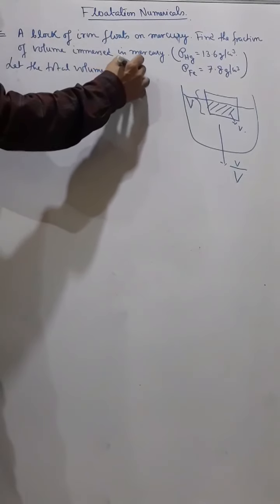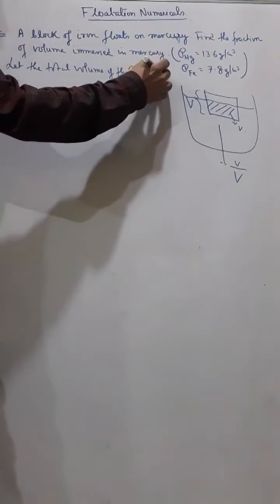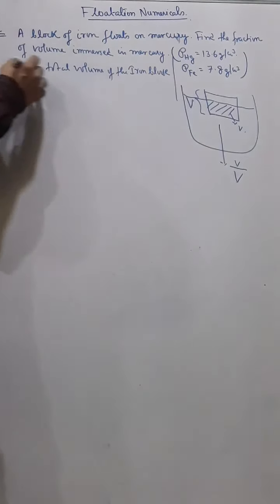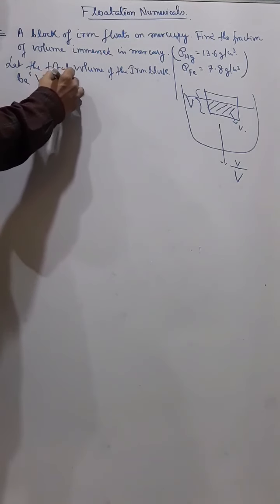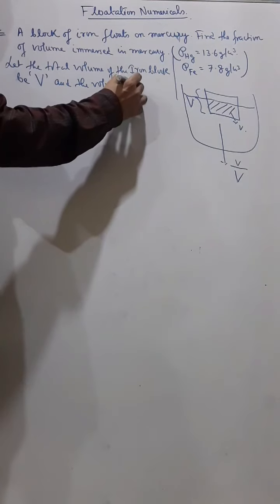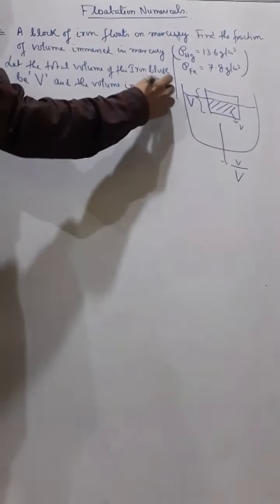So let the total volume of the iron block be capital V and the volume immersed be small v.